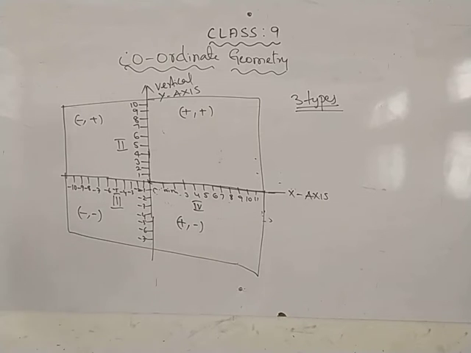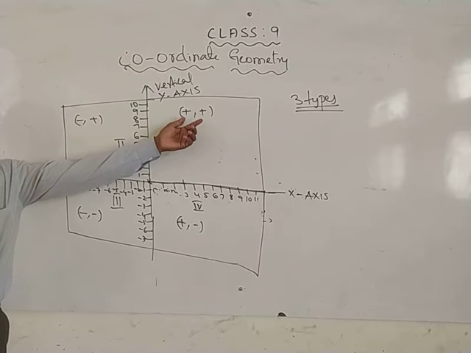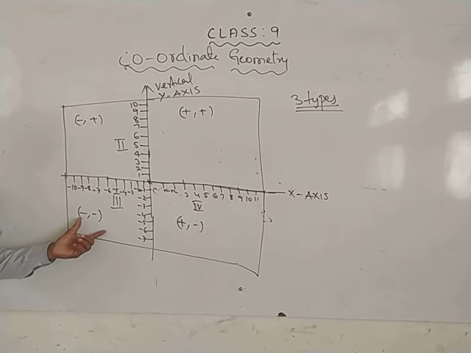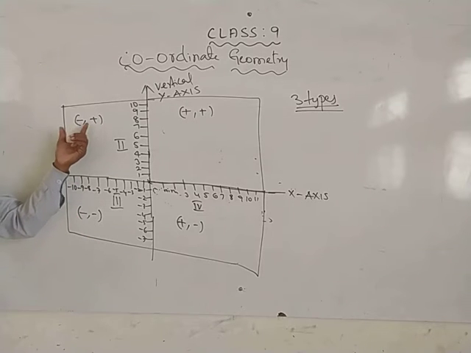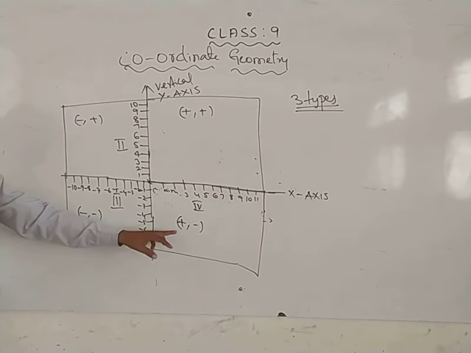If you see, the second and fourth quadrants are opposite. In the first quadrant both are plus, in the third quadrant both are minus. In the second quadrant x is negative, but in the fourth quadrant x is positive.